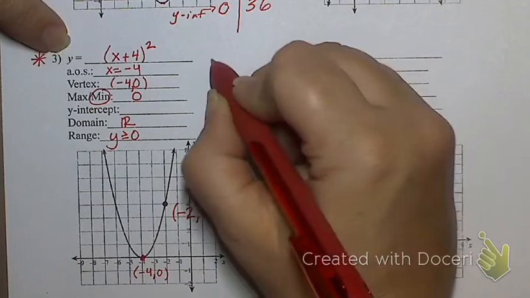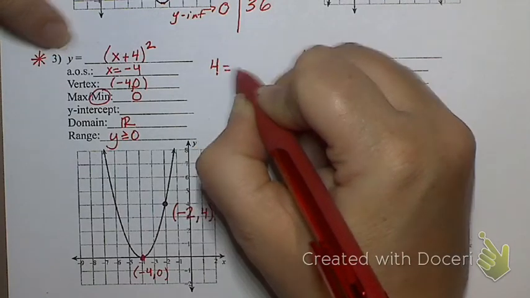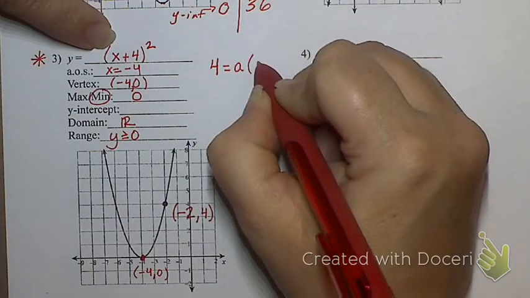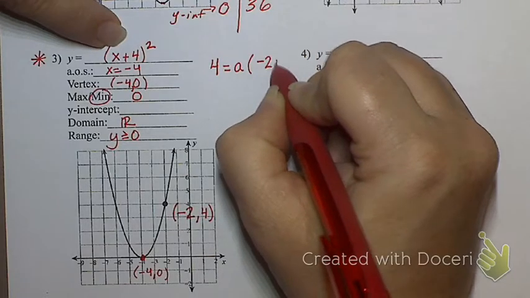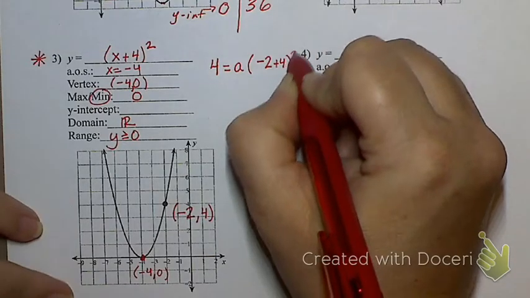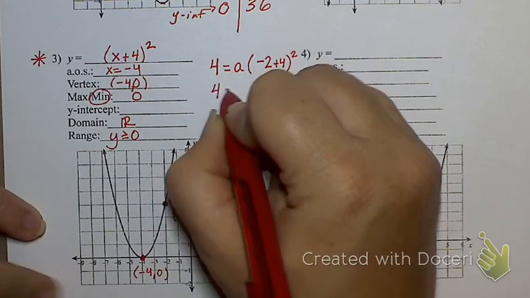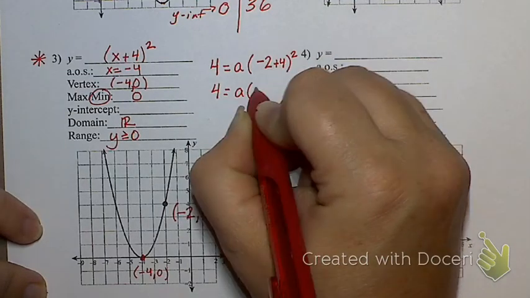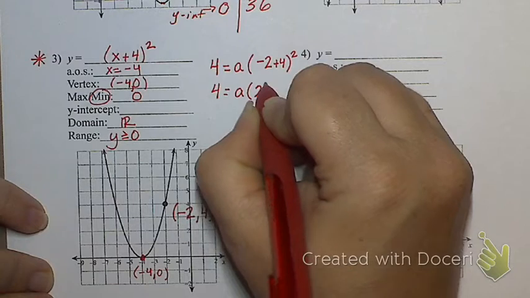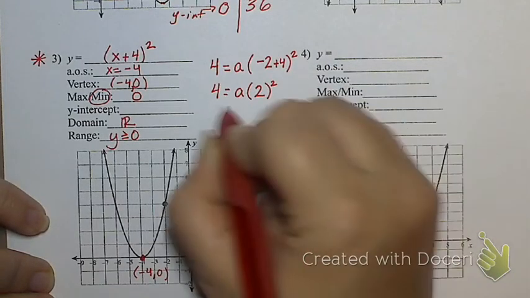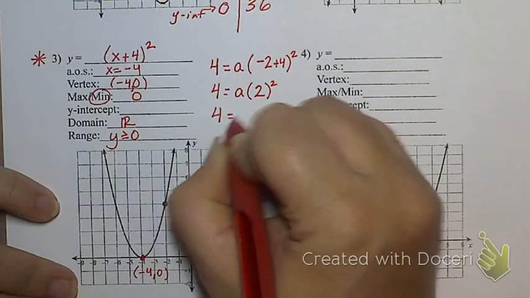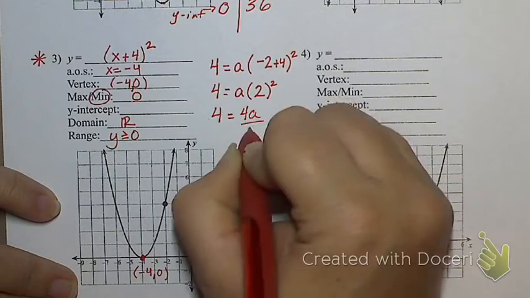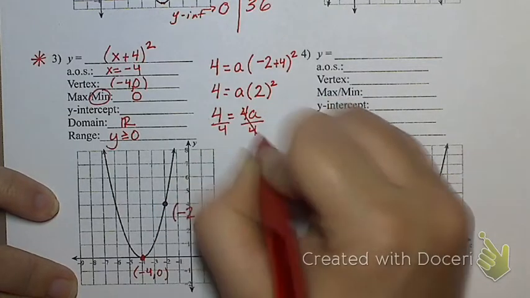So I'm going to plug in 4 for y equals a times -2 plus 4 squared. So 4 equals a times, what's -2 plus 4? 2 squared. So I have 4 equals 4a. Divide by 4.